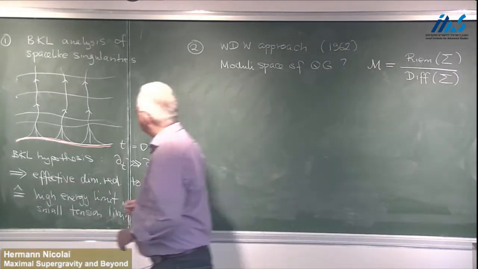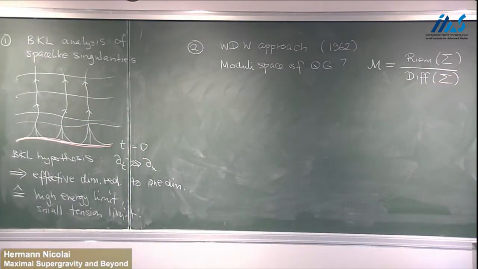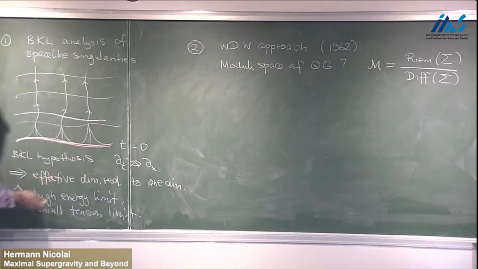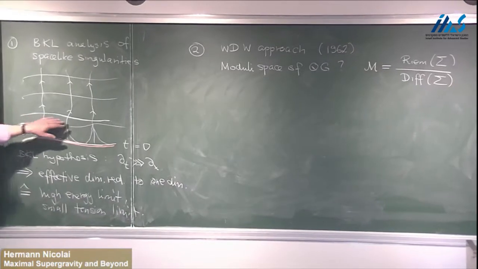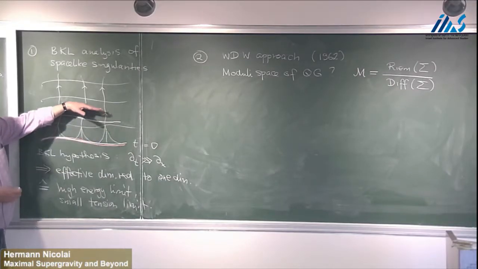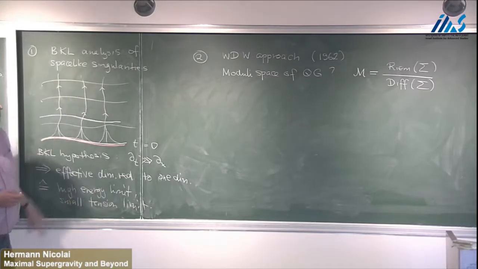So the idea is that when you do the canonical analysis of gravity, the degrees of freedom are the spatial components of the metric, and then you evolve them forward in time by means of the Einstein equations. Each hypersurface is characterized by some particular spatial geometry that evolves as you move forward in time.